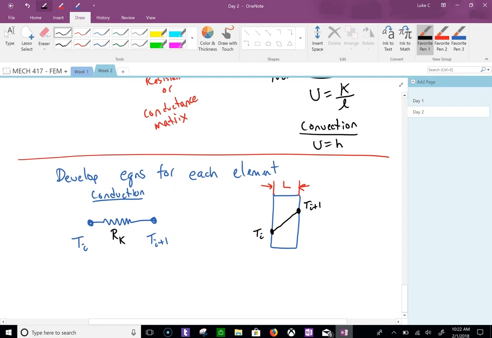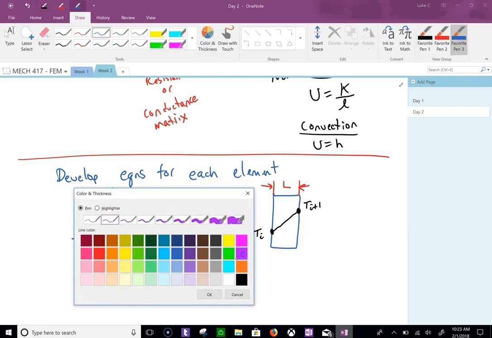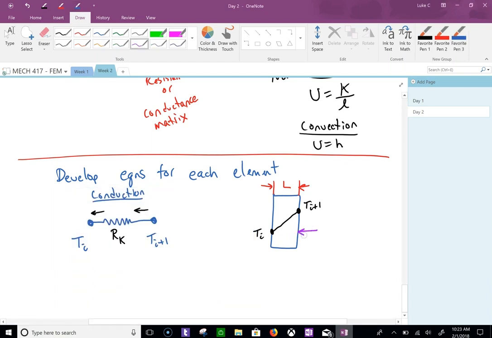So we have two nodes here, right? And we have the element. Coming into this element, internally we have Q dot of I plus 1.